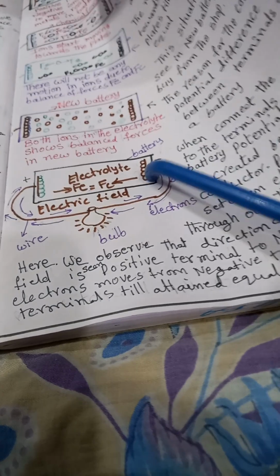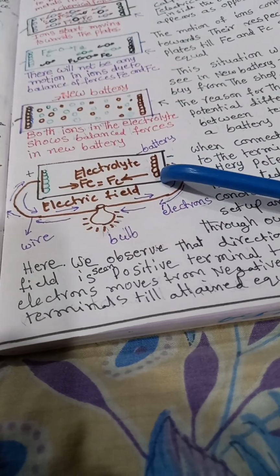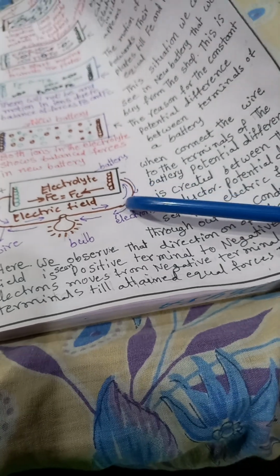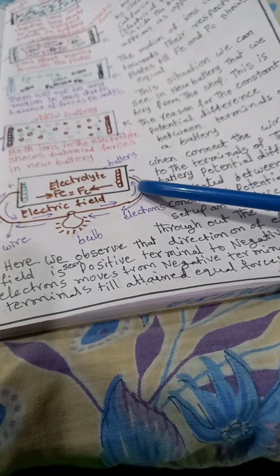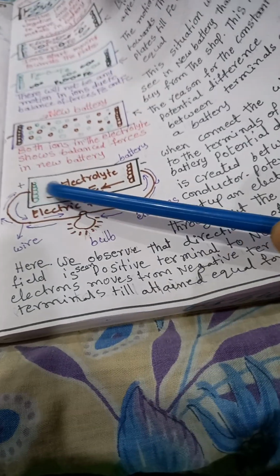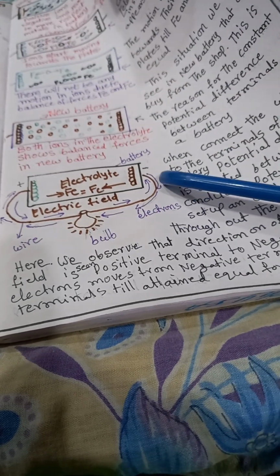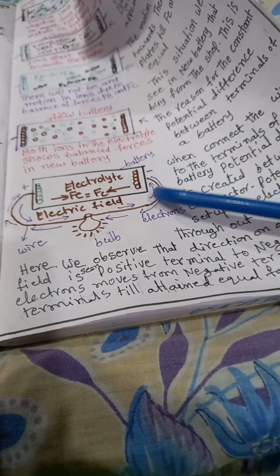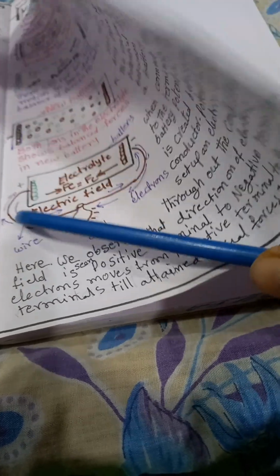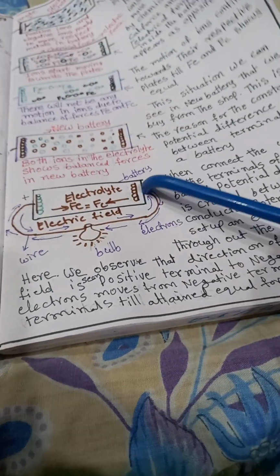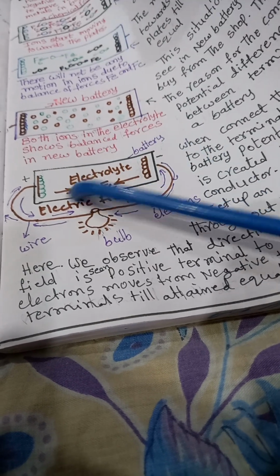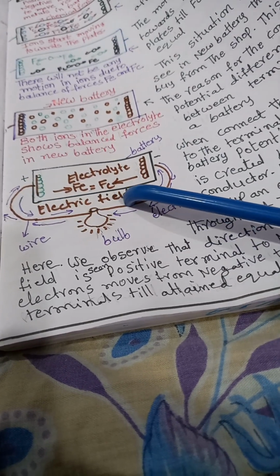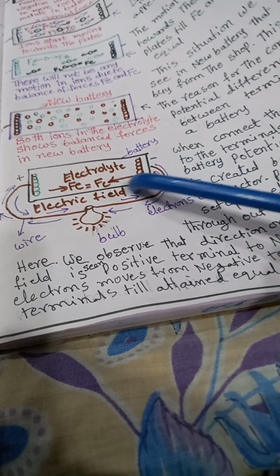Here we can see the electrons move from the negative terminal to the positive terminal, and the electric field passes from the positive terminal to the negative terminal.